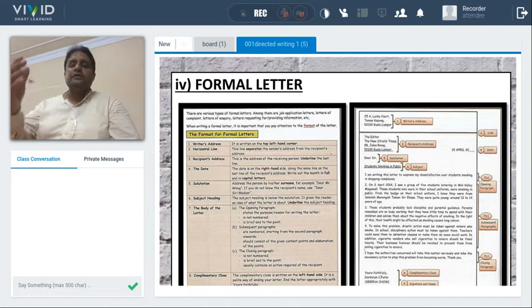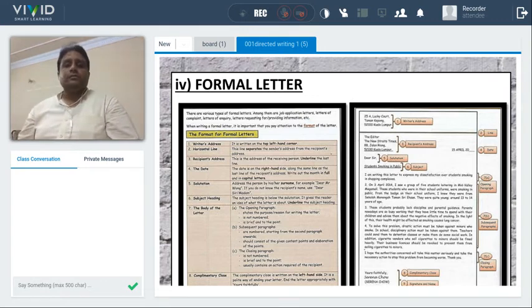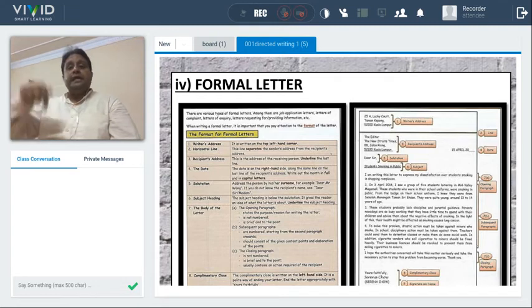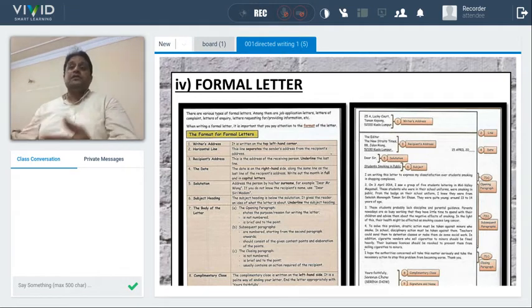The most important things are purpose and situation. Purpose: why did you write that particular letter? Why do you have to write a letter? Why are you writing a letter? That is the purpose. And what actually is the situation of the letter?